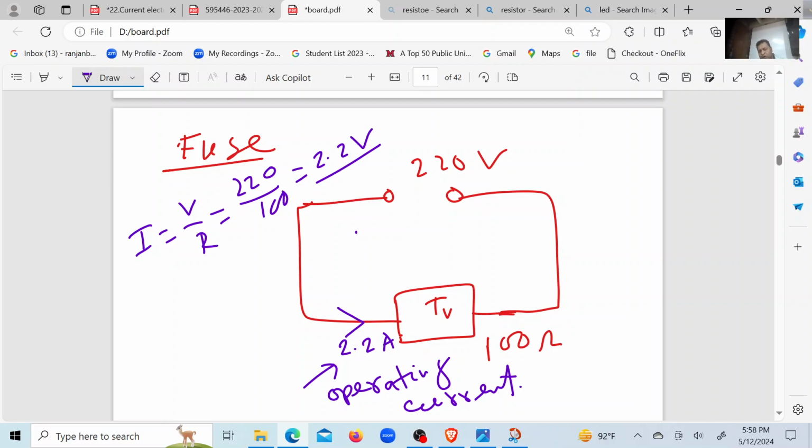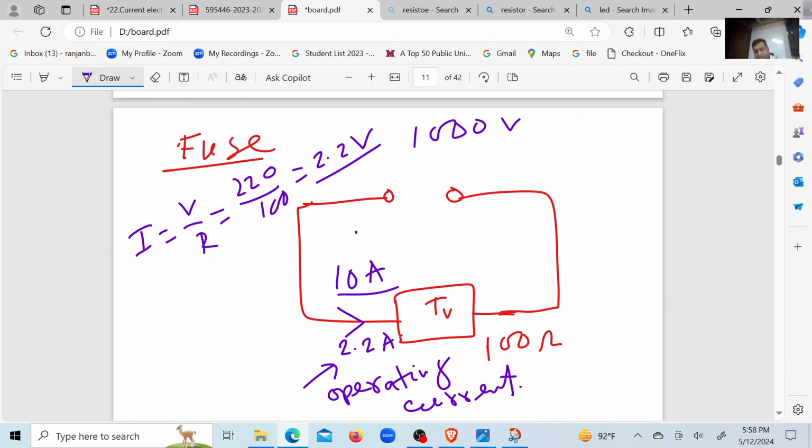But for unexpected reasons, for example, during thunder or bad regulation in the power station, if the main supply voltage becomes high, say it became 1,000 volt, then this current tends to be 10 ampere.